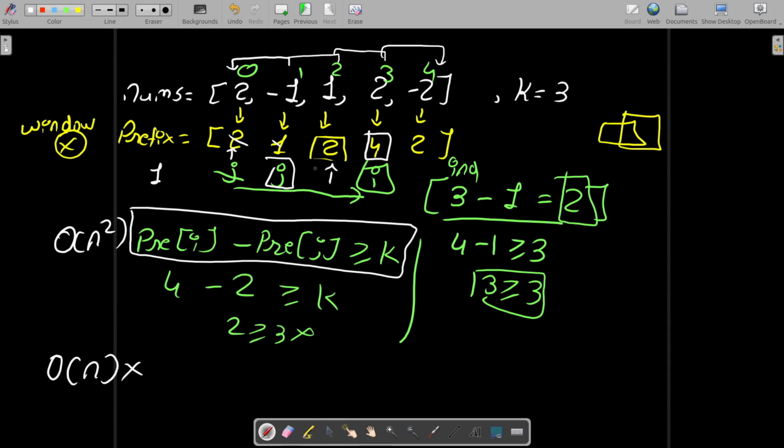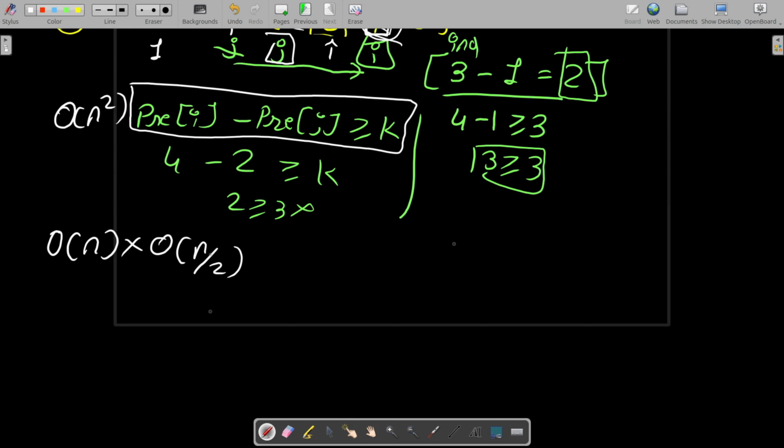When we are at this one, we traverse 2, 1 and 2. When we are at 4, we traverse this and this. And let's take this also, but it does not matter because it will give 0. So we are traversing nearly a half loop.